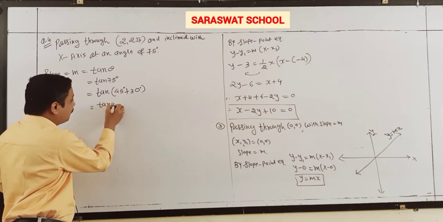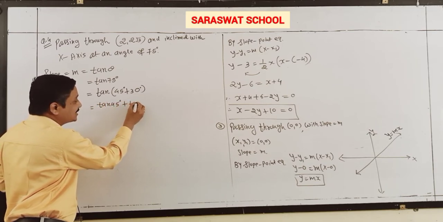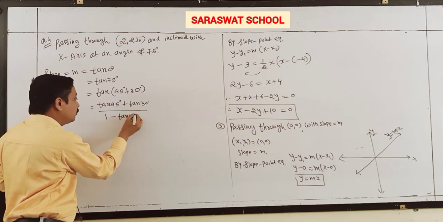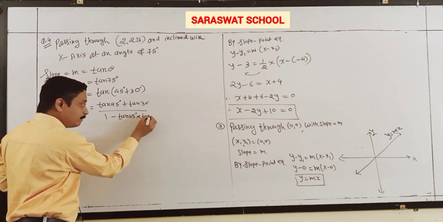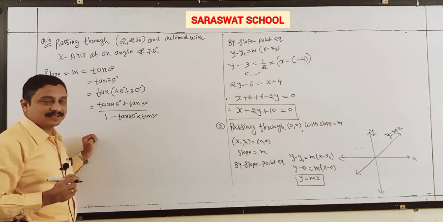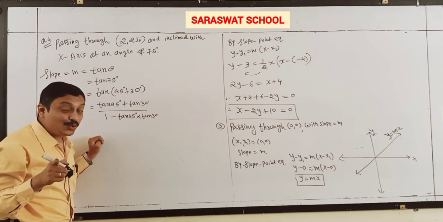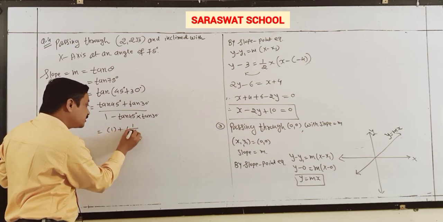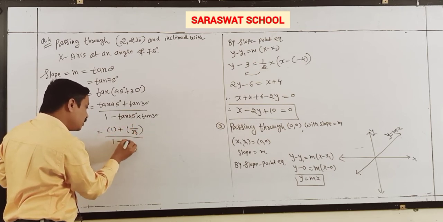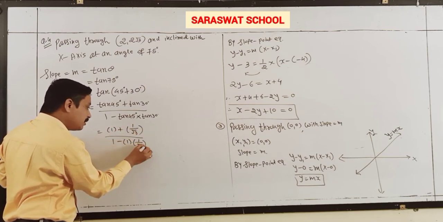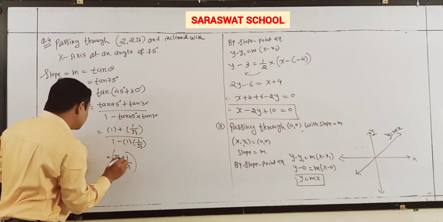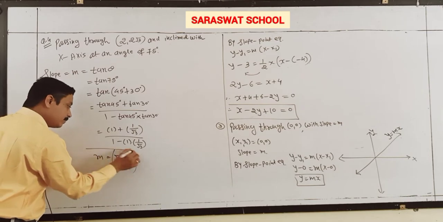Tan 45 plus tan 30 upon 1 minus tan 45 tan 30, and putting the respective values, 1 plus 1 by root 3 over 1 minus 1 by root 3, and the LCM is root 3 plus 1 by root 3 minus 1. That, students, is your slope m.